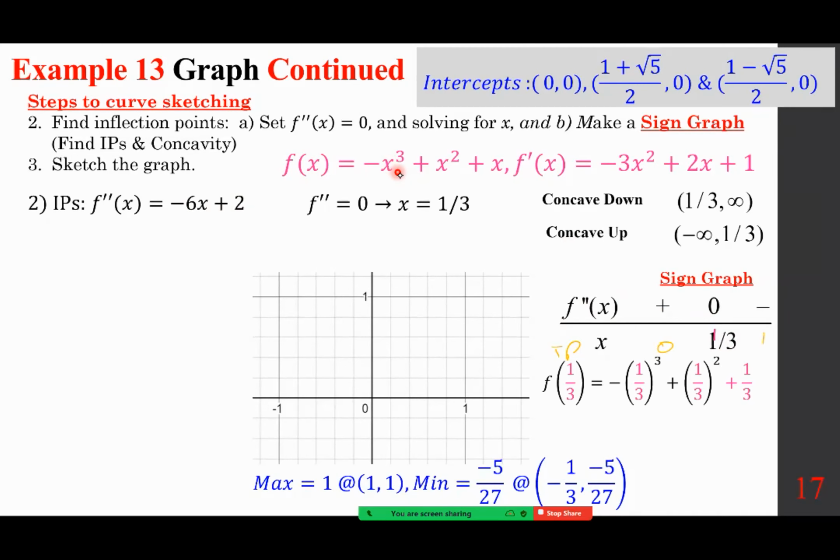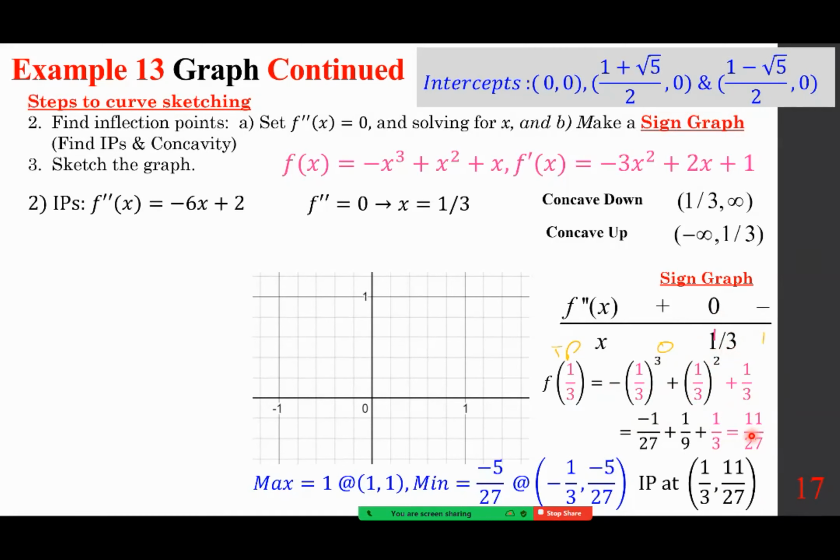We do that. So minus 1/3 to the power of 3 is positive 1/27. This makes it negative. Plus 1/9 plus 1/3, and we can add them up to 11/27. So the IP, or inflection point, has the coordinates x equals 1/3, y equals 11/27.